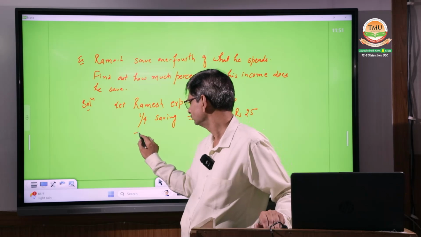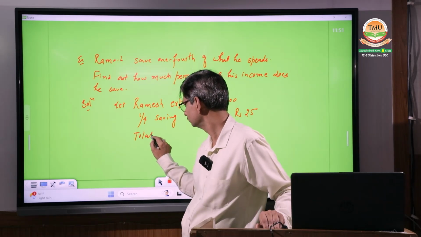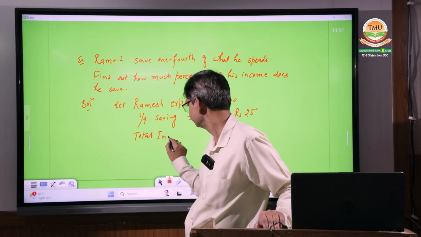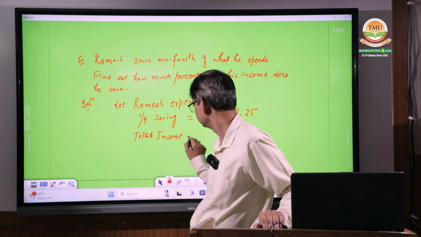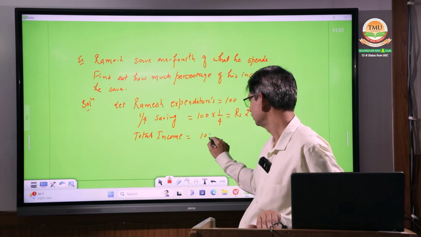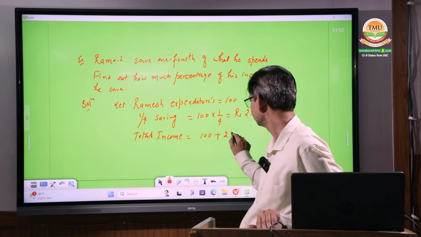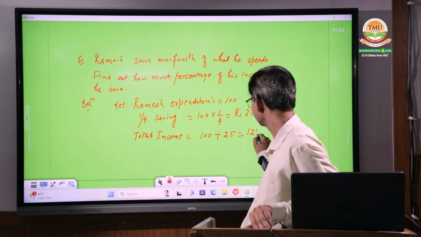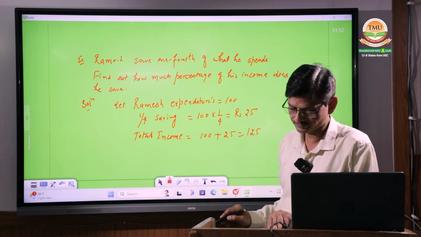Total income is 100 plus 25, that is 125 rupees.